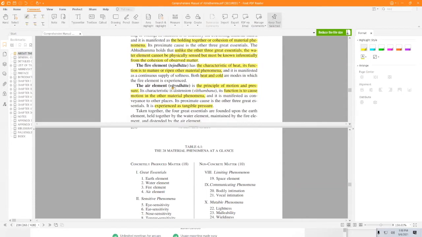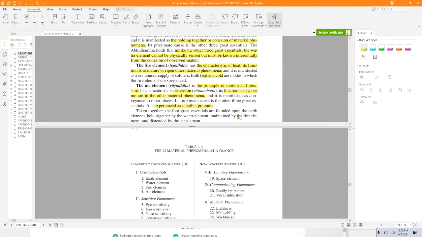Then there's the air element, which is the property of distension, of expansion. By expanding and contracting, the air element is the principle of motion and pressure, and its function is to cause motion in other material phenomena.